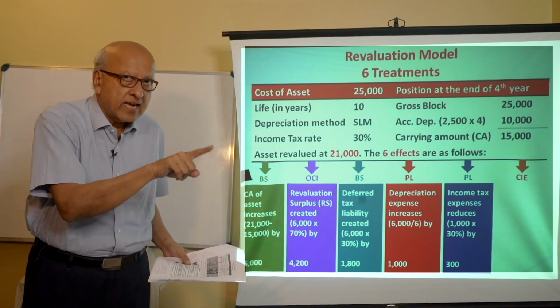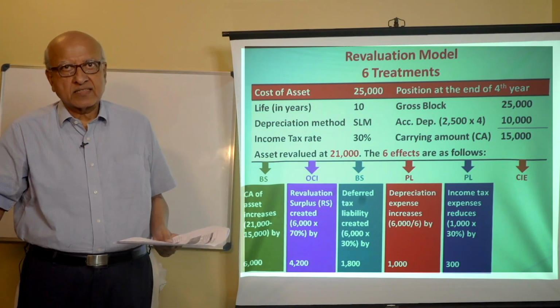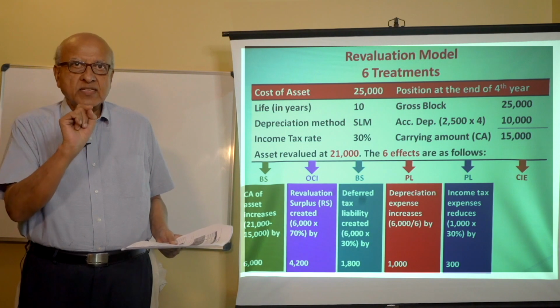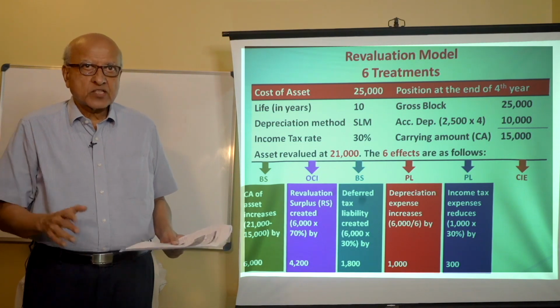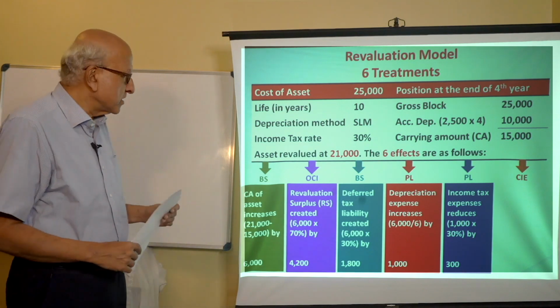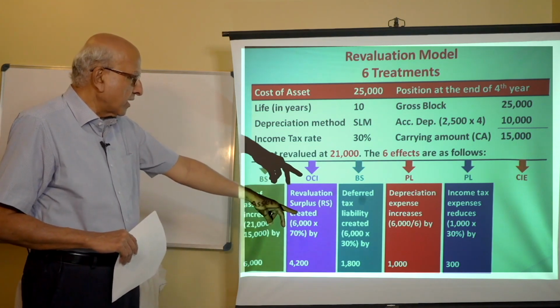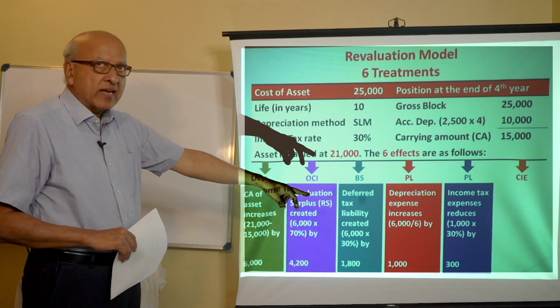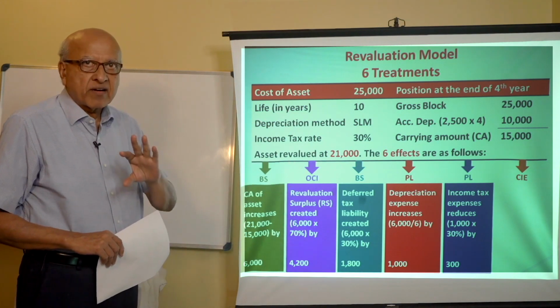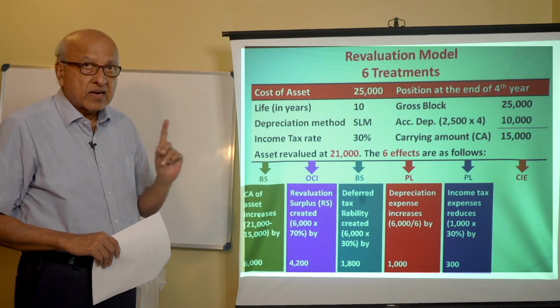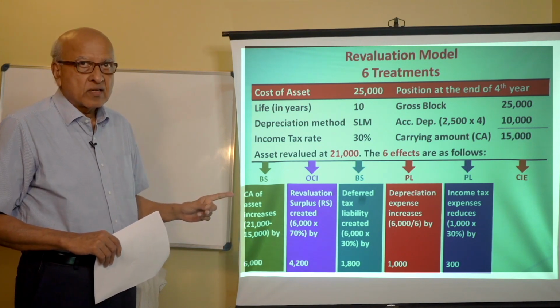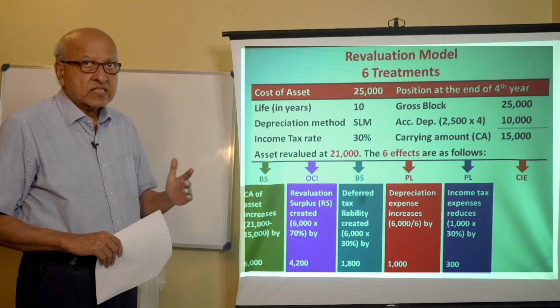Expense 1,000, income tax rate 40%, actual expense is 600. So if I charge depreciation 1,000 rupees more, my actual expense is 700. So profit will be reduced by 700, not 1,000, because there will be less income tax payable.